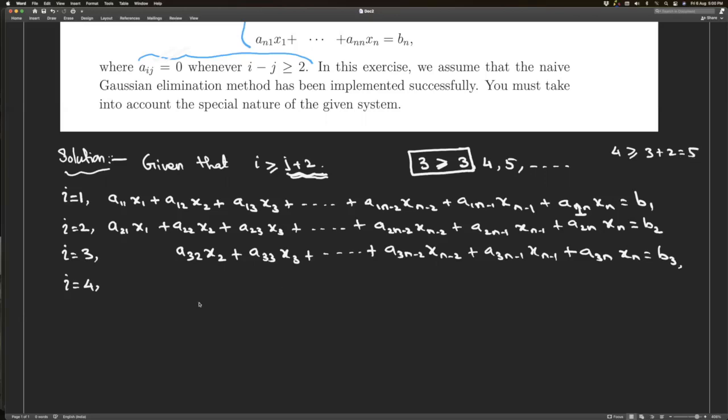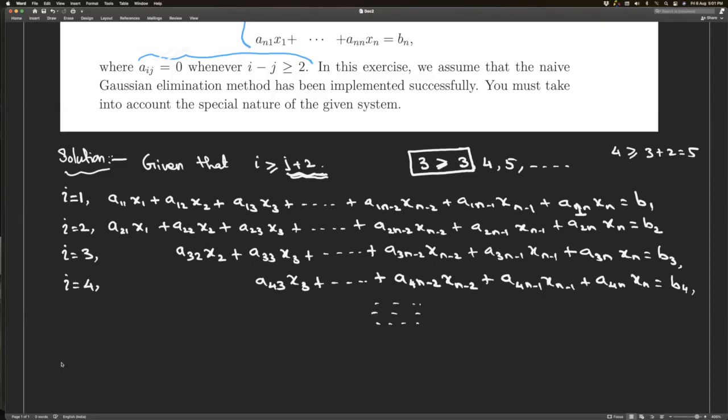So from the third term onwards it will not satisfy, but the first two terms will satisfy. Therefore, the first two terms will be 0, but the third term is not surely known to be 0. Therefore, we have to retain that term onwards. So our equation will look like this. And it goes on like this.